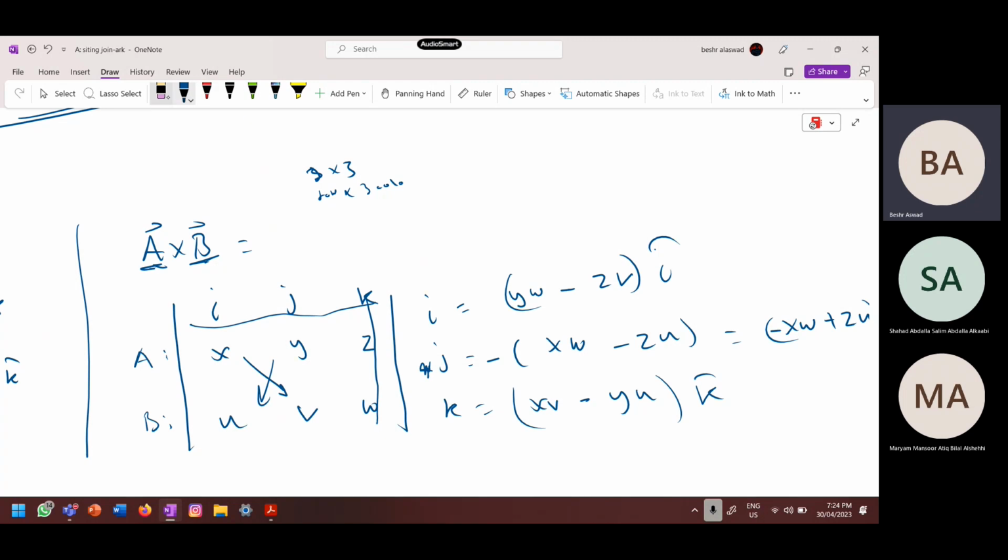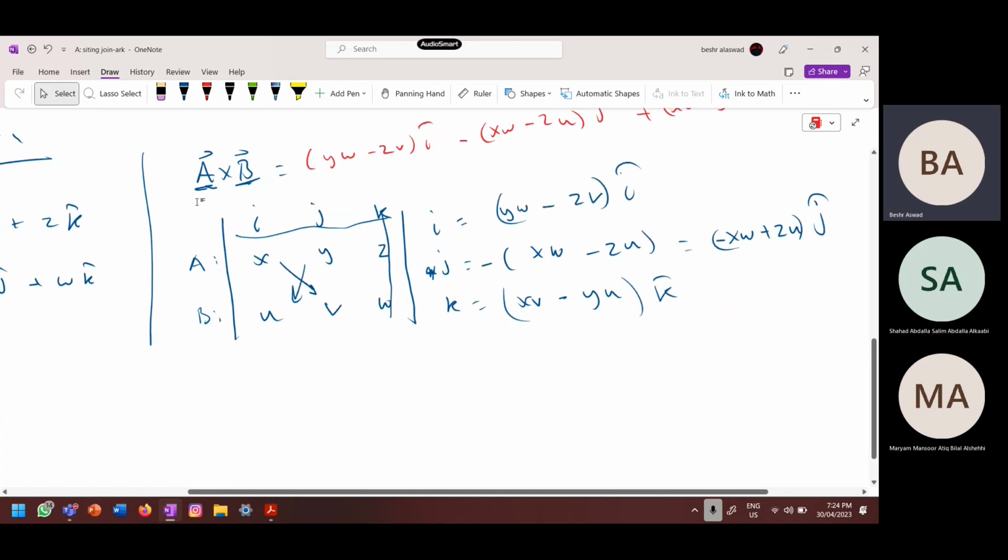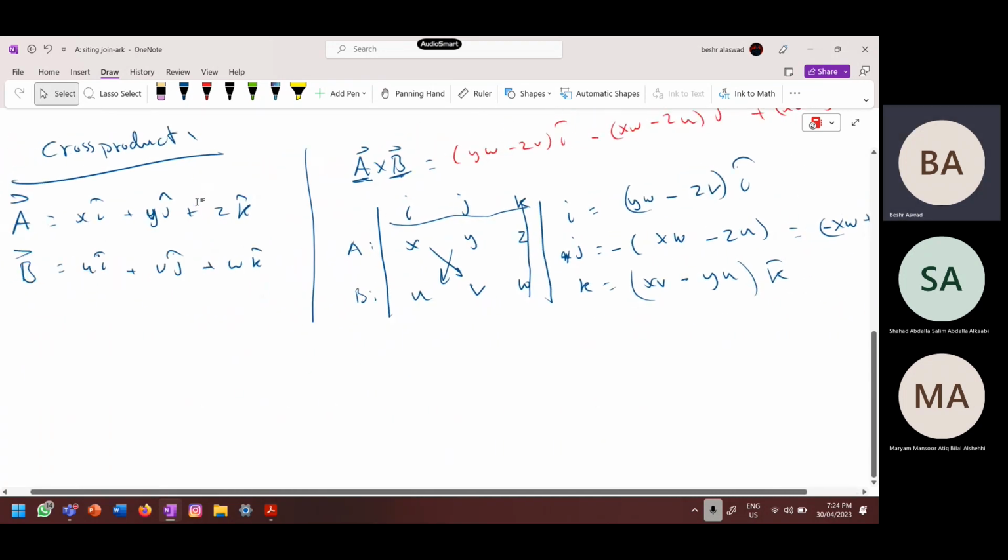So the cross product for A and B is equal to (yw minus zv) i hat minus (xw minus zu) j hat plus (xv minus uy) k hat. This is how you can solve this.